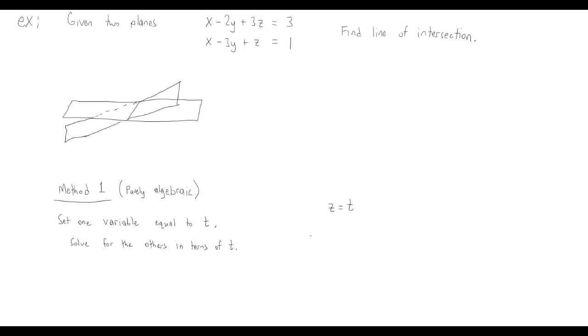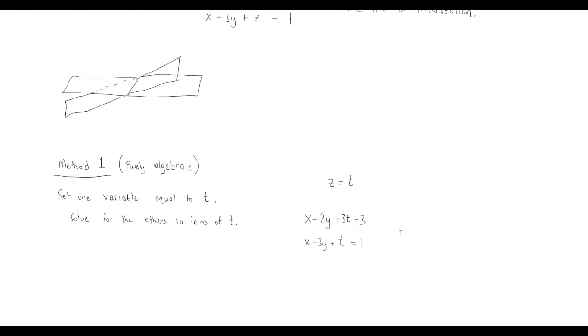So then in my equations, we're going to have x minus 2y plus 3t equal to 3. And then the second one is x minus 3y plus z equal to 1. No, I'm sorry, and z is t, so I'm going to plug that in for that. Okay.